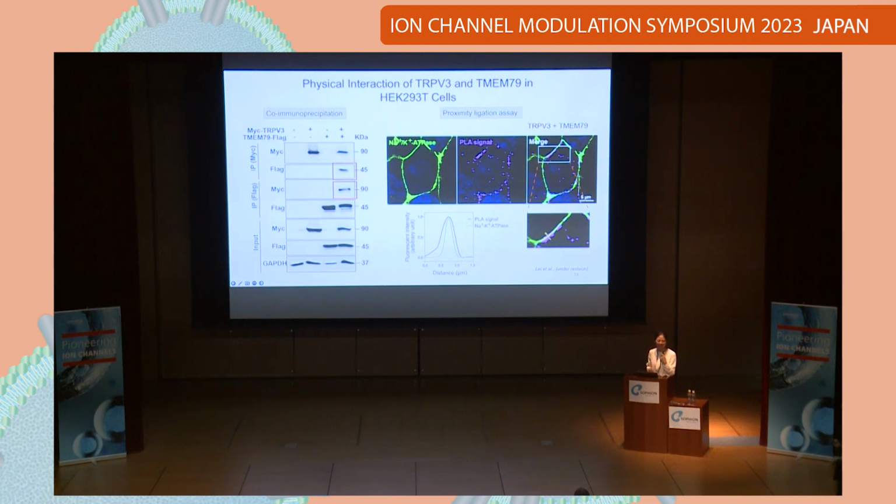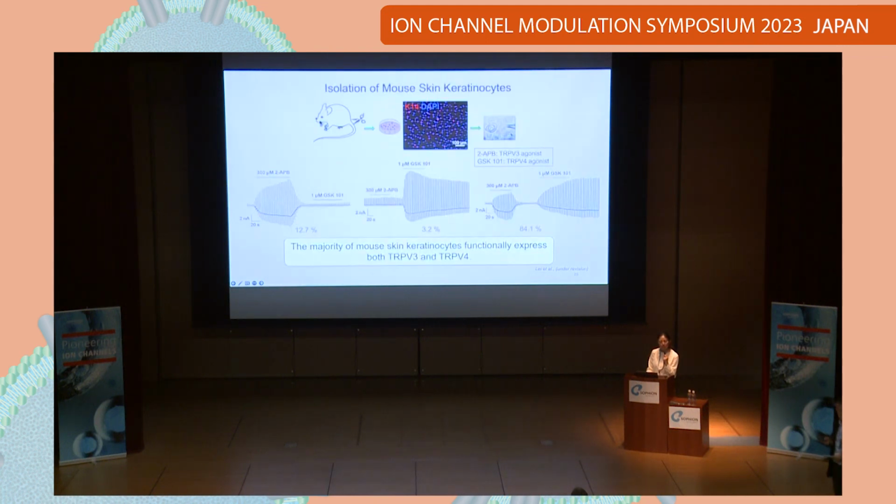It is difficult to isolate the skin keratinocytes. If you use isolated skin keratinocytes and excised patches, you can see the single channel current and calculate the number of channels and density. It's a good suggestion. I agree. It's not so difficult to isolate the keratinocytes, so it deserves to be investigated in the future.